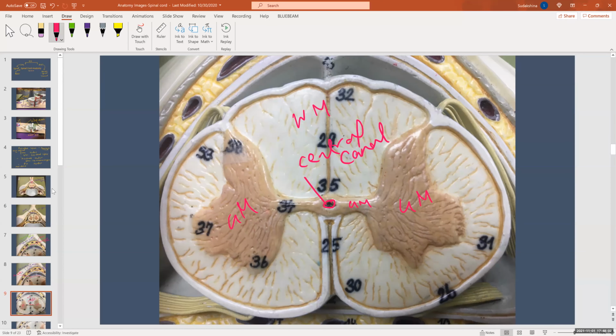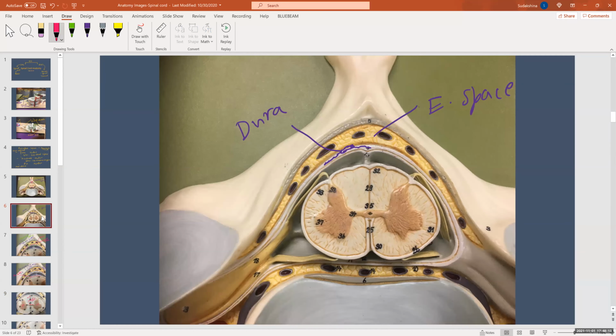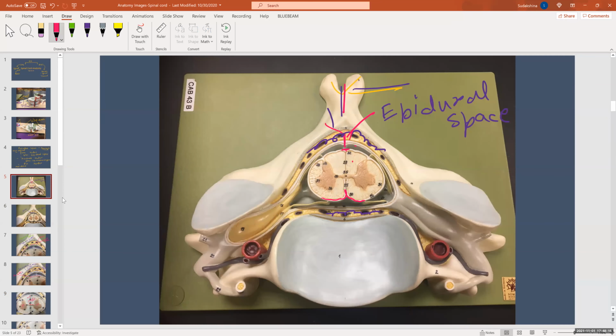Why do we call some of this anterior gray horn, posterior gray horn, lateral gray horn? Before we start naming those, we need to know the anterior versus posterior. The easiest way to remember the anterior versus posterior is going by this dorsal root and ventral root that we talked about before. Dorsal root, ventral root.